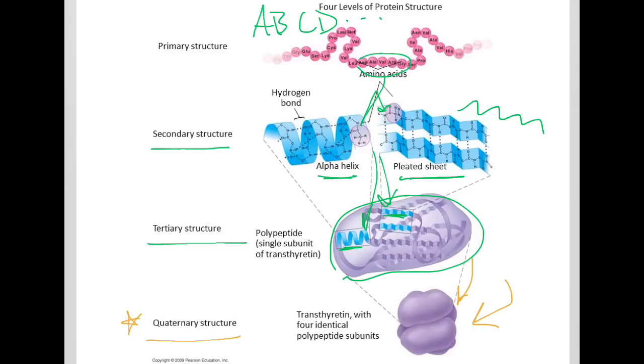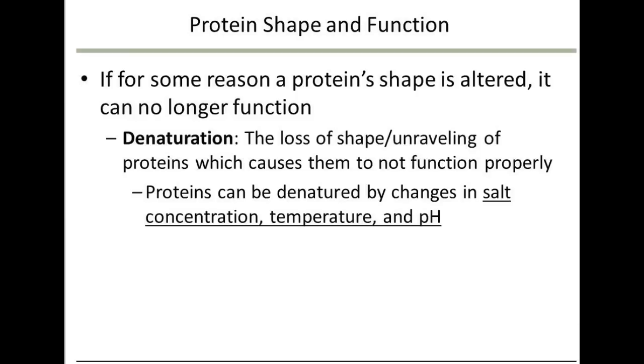And the thing you need to know about proteins is this major theme in biology: form follows function. Or rather, structure is related to function. And so shape is directly related to its job. And if for some reason a protein's shape is altered, it can no longer do its job.